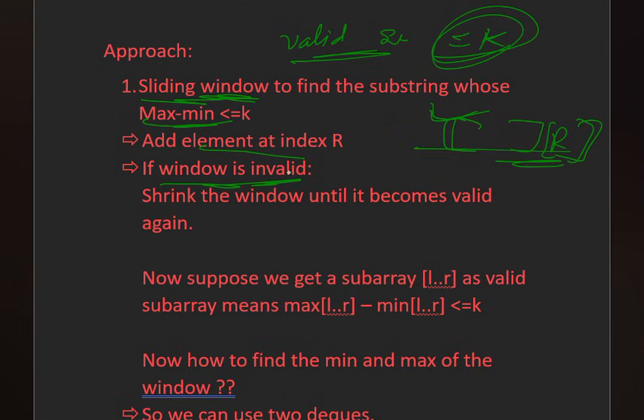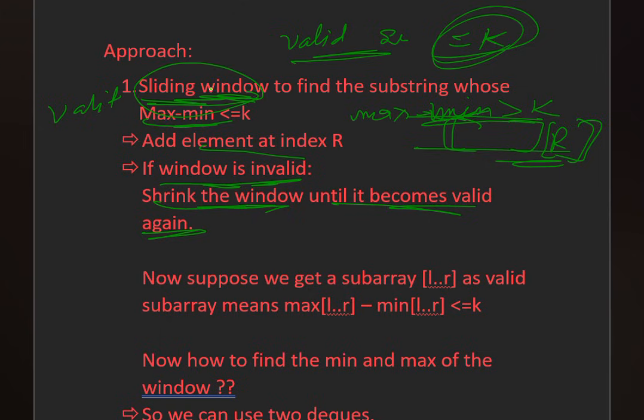If the window is invalid, meaning the difference of max minus min is greater than k, then we shrink the window until it becomes valid again, right? So we'll be finding the valid subarray using a sliding window.